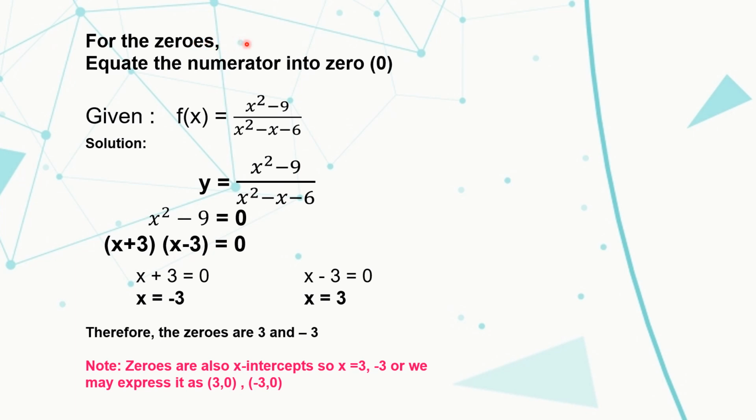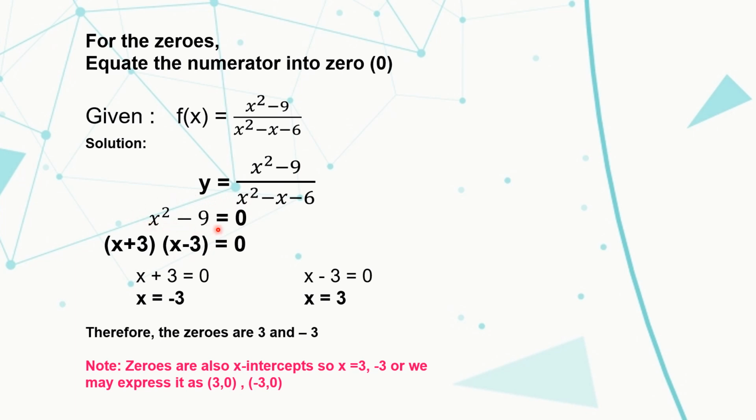For the zeros, equate the numerator into 0. Ibig sabihin, kopyahin lamang natin ang numerator na x squared minus 9, then equate into 0. So, naging x squared minus 9 is equal to 0. Ngayon, ito ay isa na namang quadratic equation.